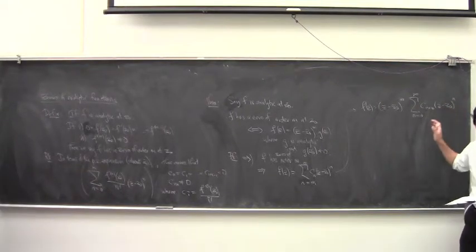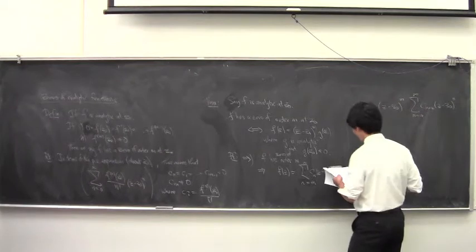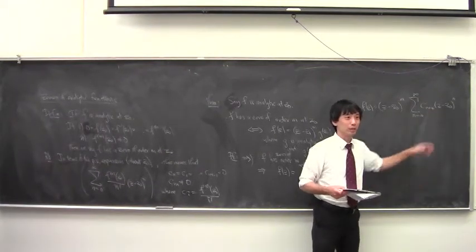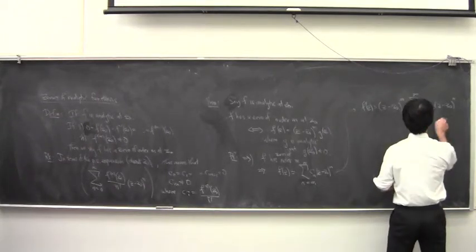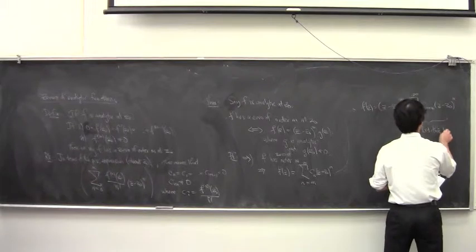It should be completely clear. Michael, are you right? Yeah. Okay, good. So what do you do? Well, this is of course going to be your g. So let this be g of z.